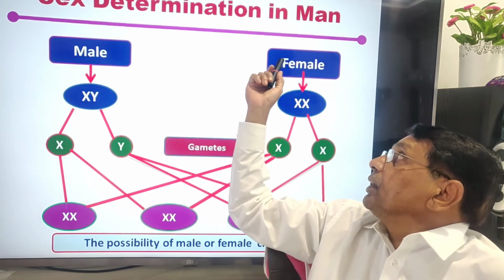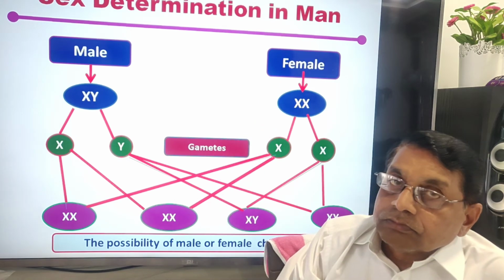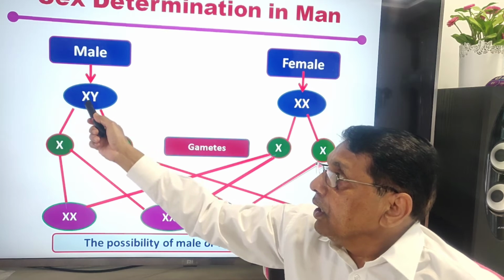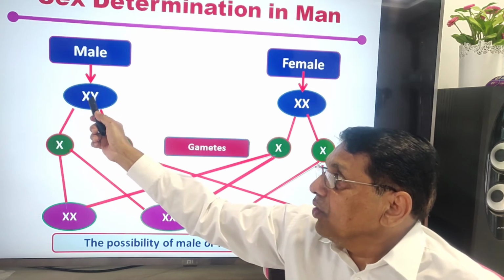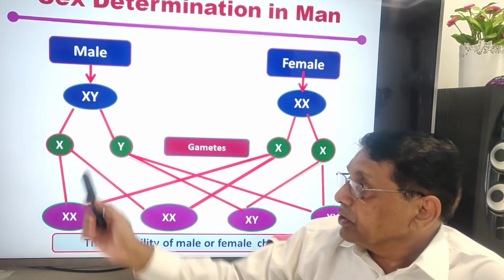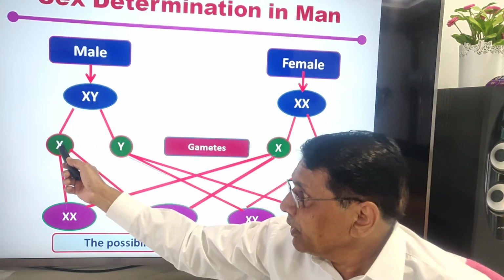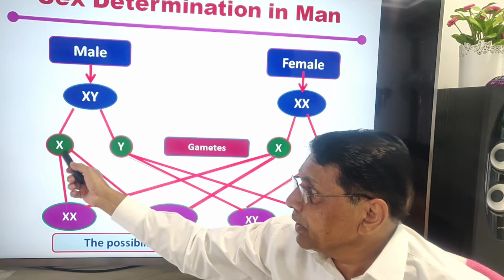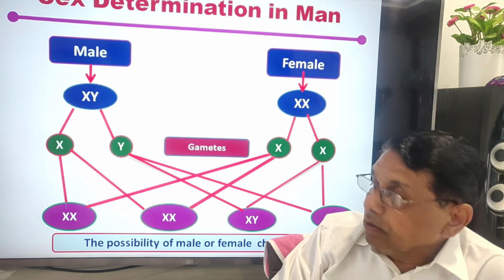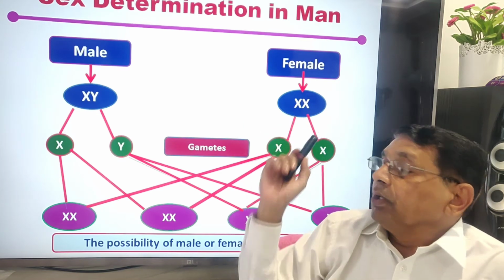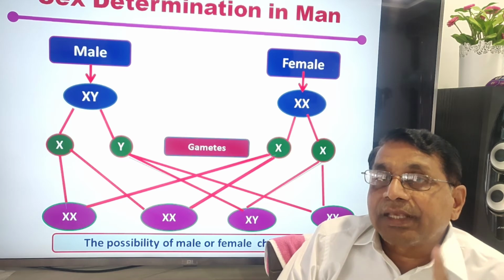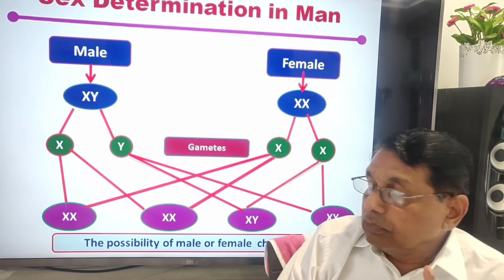Male, female. Male sex chromosomes are XY, female XX. Males produce 2 types of gametes, 50% bearing the X chromosome and 50% bearing the Y chromosome. But the female produces only one type of gamete, and all those gametes carry the X chromosome.